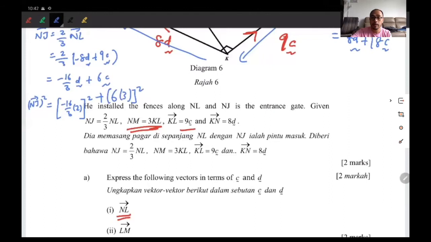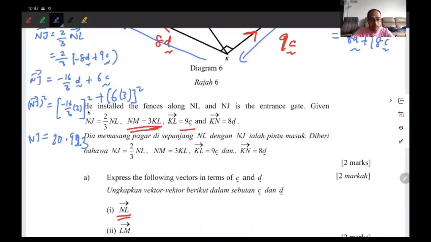Then once I square root everything, I get NJ equals 20.923. I'm skipping a lot of steps, but I just want to show you how you would find the magnitude if you already have the vector.